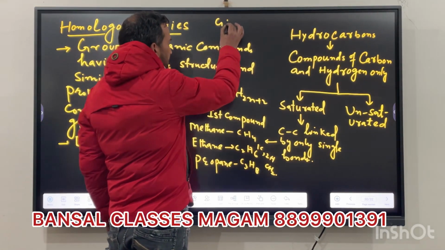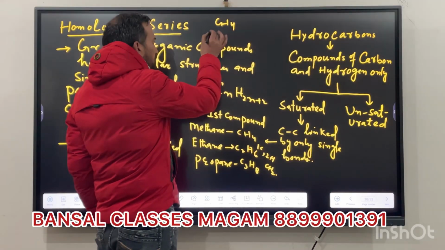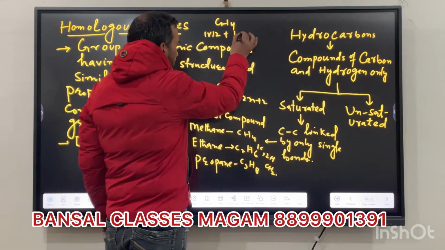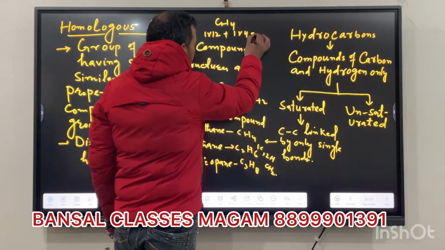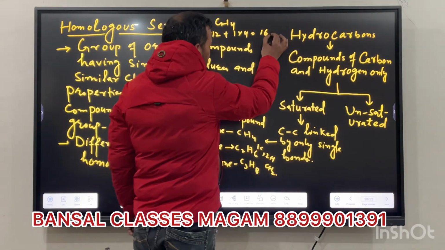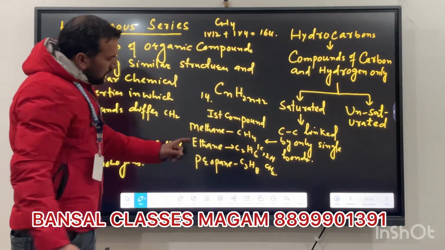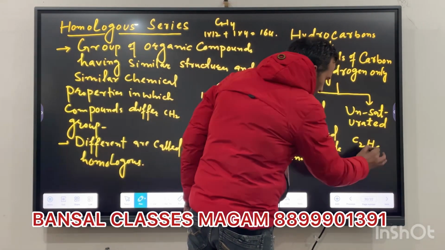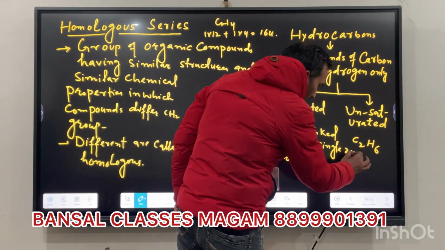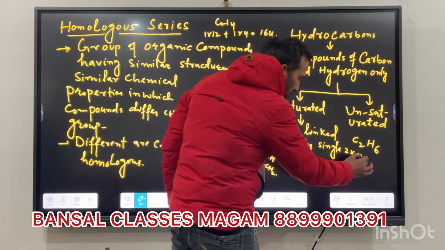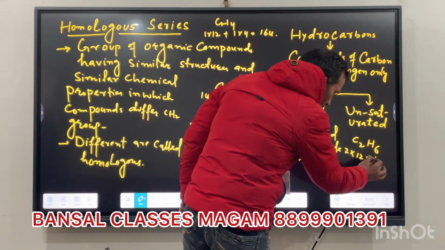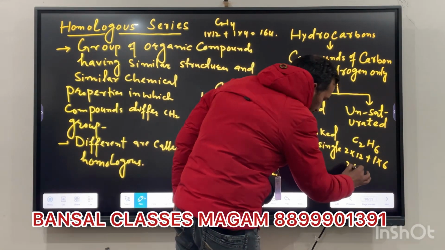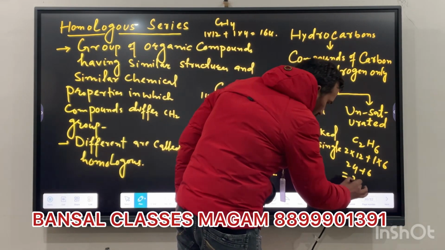Like this, if we take methane, CH4, atomic mass of carbon is 12, plus atomic mass of hydrogen is 1 into 4. That means it becomes 16 units. If we take ethane with molecular formula C2H6, molecular mass of 2 carbon atoms, that means 2 into 12, plus atomic mass of 6 hydrogen atoms, 1 into 6, becomes 24 plus 6, that is equal to 30.